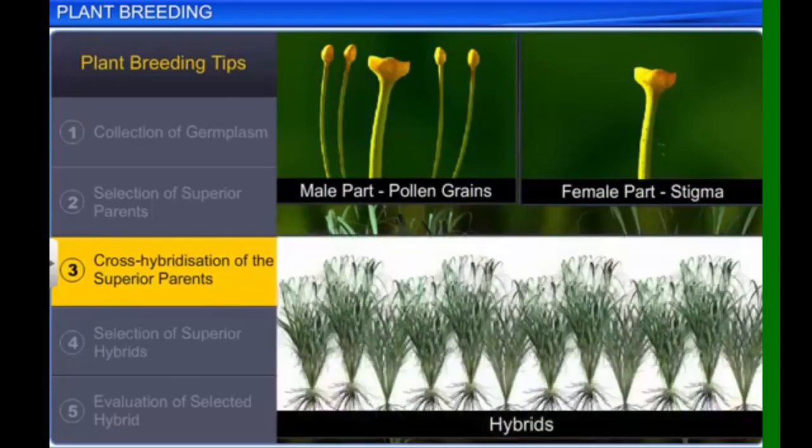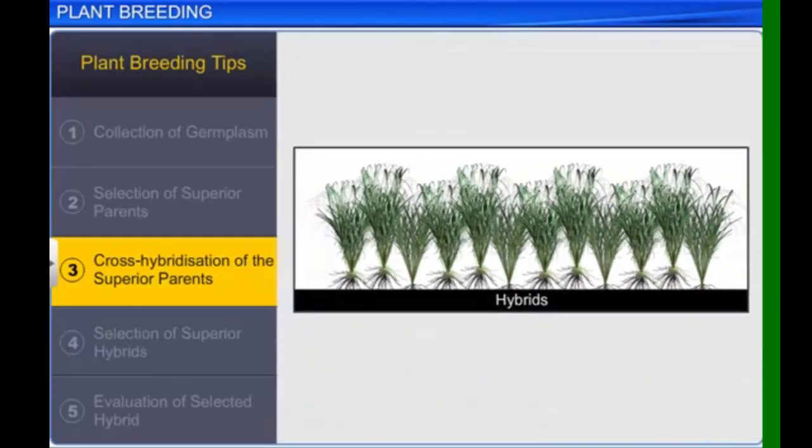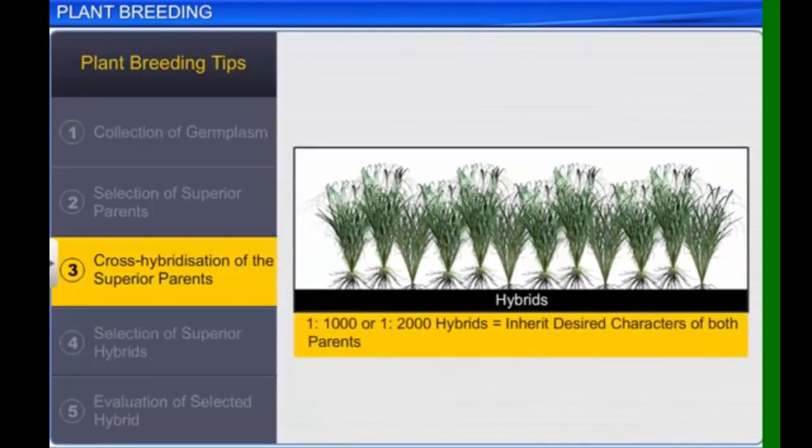However, the hybrids obtained may not contain all the desired characters present in the superior parents. In fact, 1 in 1,000 or 2,000 hybrids obtained may contain the desired characters of both superior parents. Hence, this step is considered cumbersome.